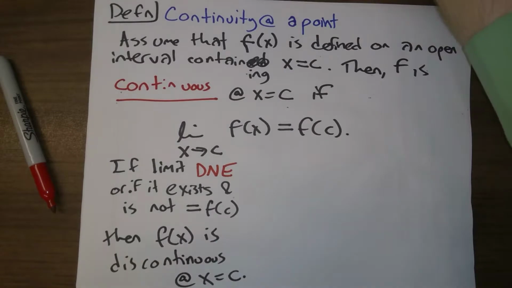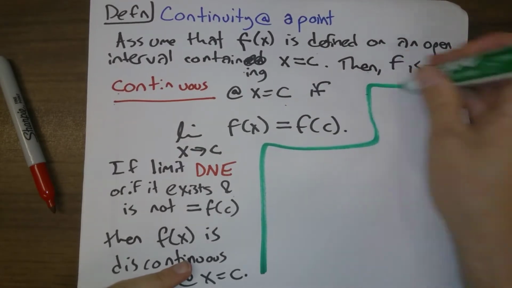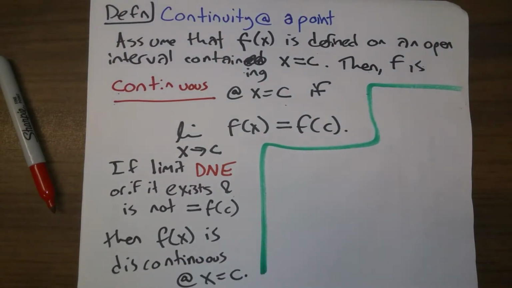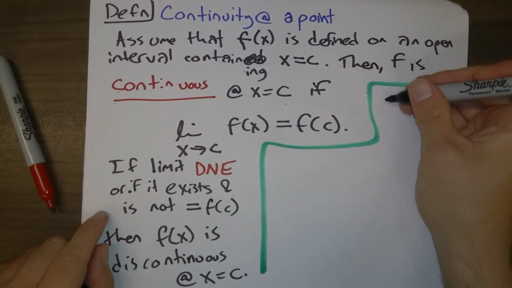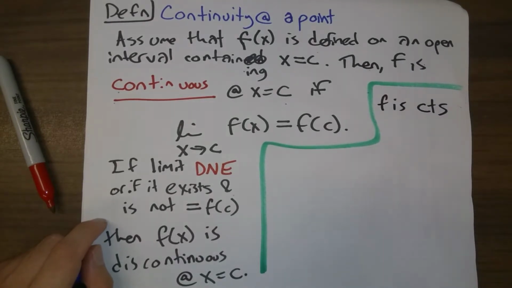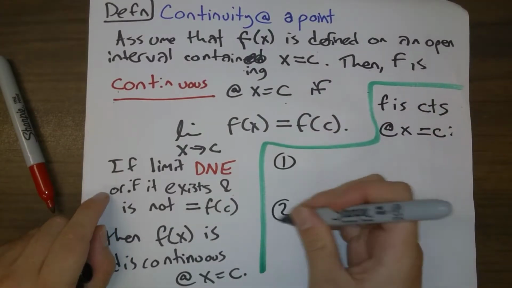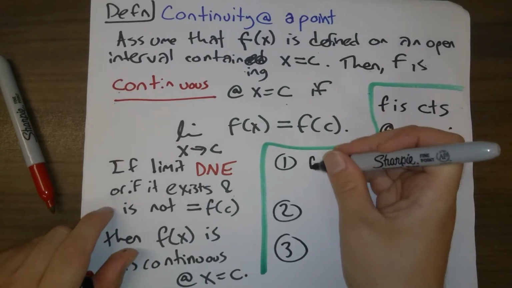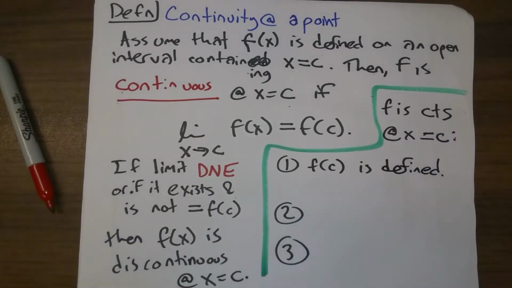But before we do those things, we'll just note that if we want to say f is continuous at some value c, there's really three things that we're saying at the same time. So f is continuous, I sometimes abbreviate as CTS, at x equals c. The first thing is that f of c is defined. We can't have a function that's continuous at a point that is just not part of its domain.